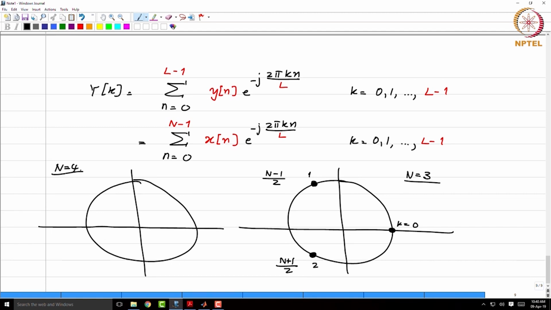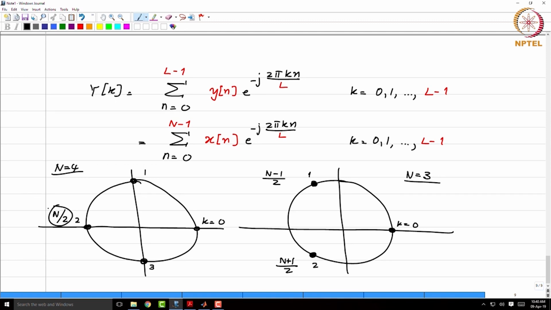If you had an even set of points, this is how the samples will be distributed. So this is again k equal to 0, 1, 2 and 3, and this point will be corresponding to N by 2.